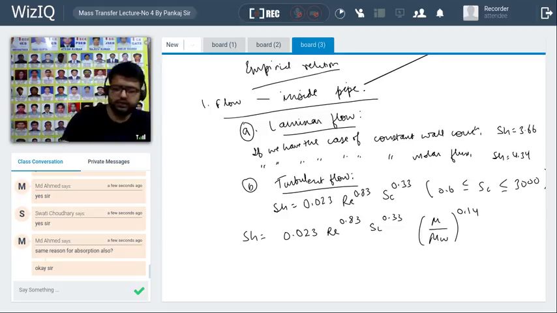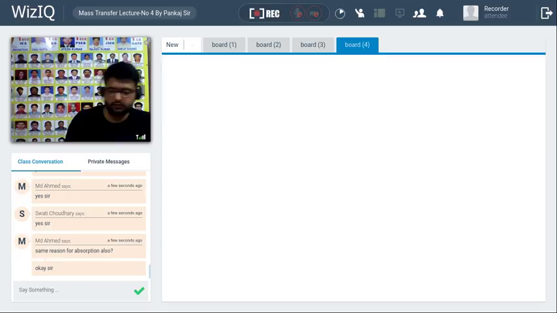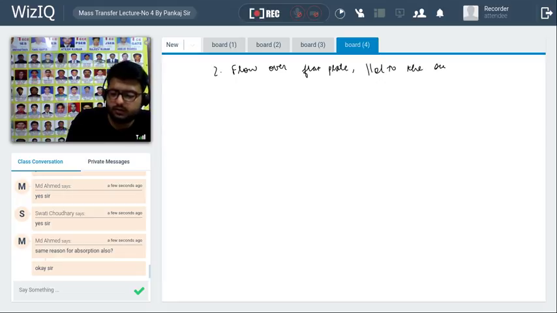Now we'll do the case of flow over a flat plate parallel to the surface.